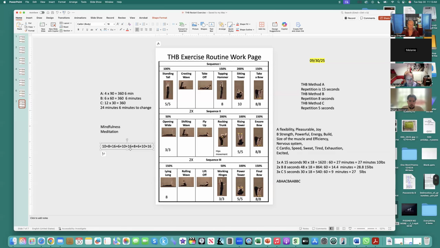Okay. So can somebody add those things? What does this equal?